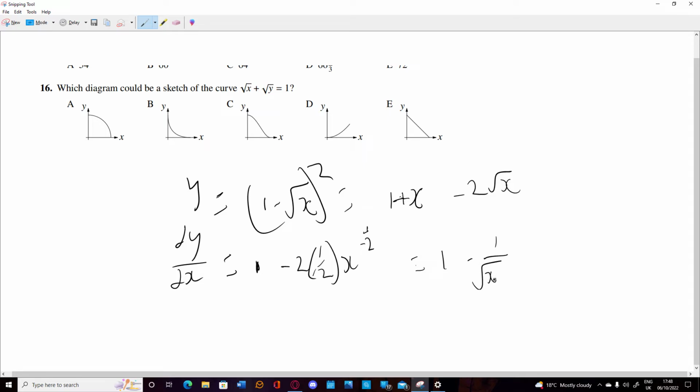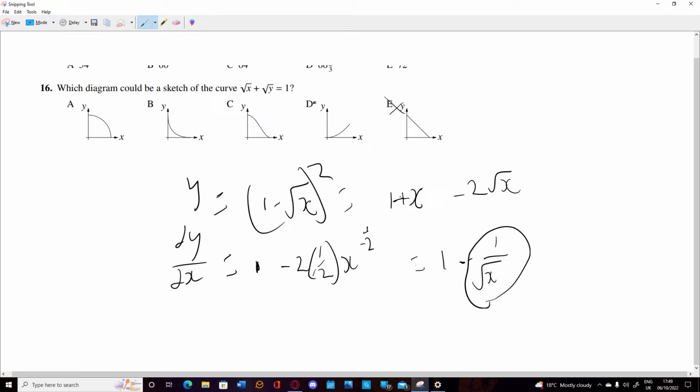So we see when x is really small, this number kind of goes to infinity, so you get negative infinity, so the gradient is really negative as x goes near 0. So it can't be E, first of all, because E has a constant gradient.